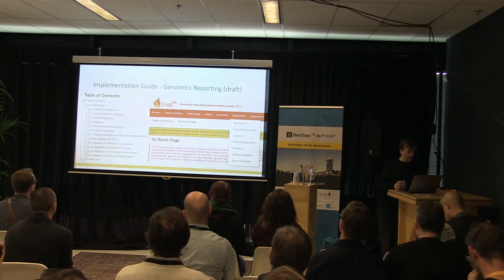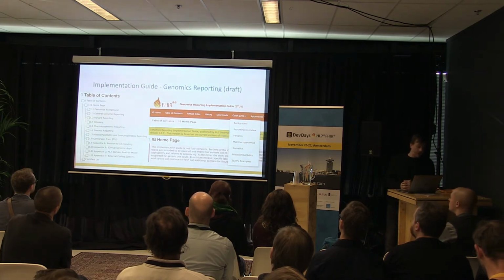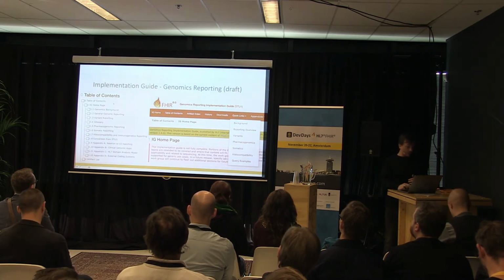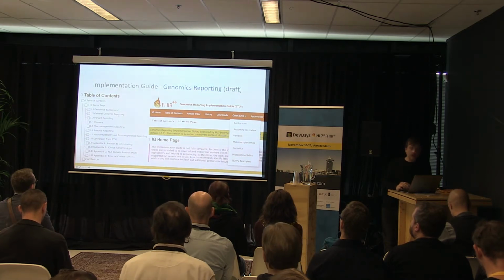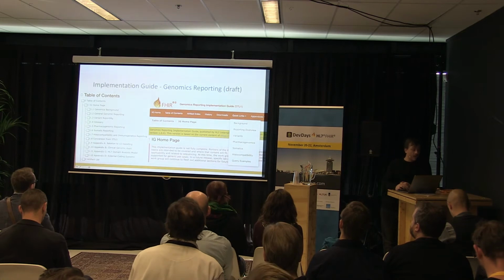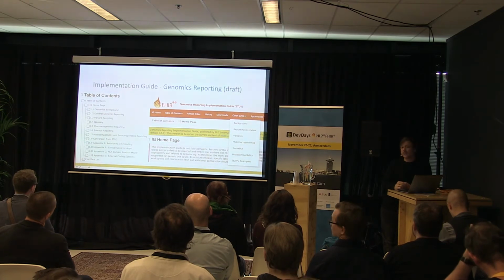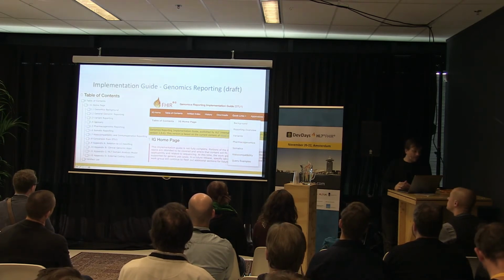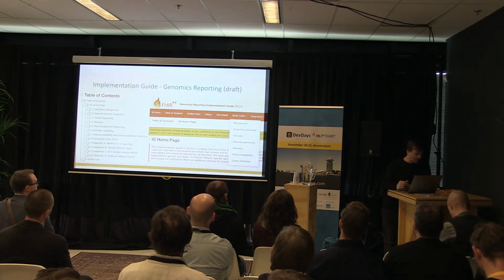Our IG looks something like that. We have the table of contents like every IG. There you can see the different topics we are talking about in the IG: the background, how to do reporting in general as a report, how you do variant reporting, some glossary, because we identified some people have differing understanding of different concepts or values of concepts or names of concepts.